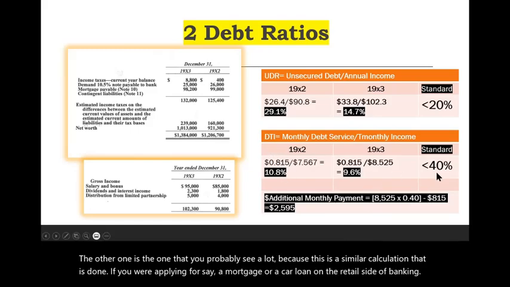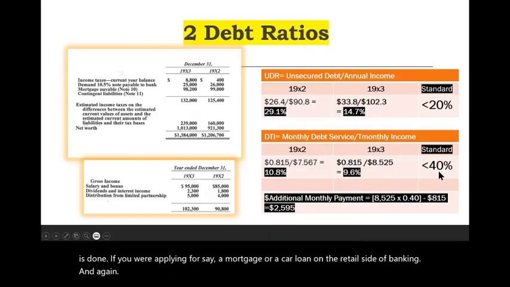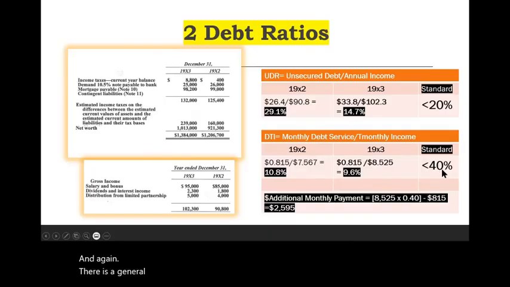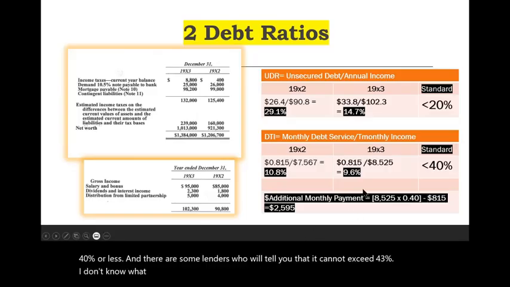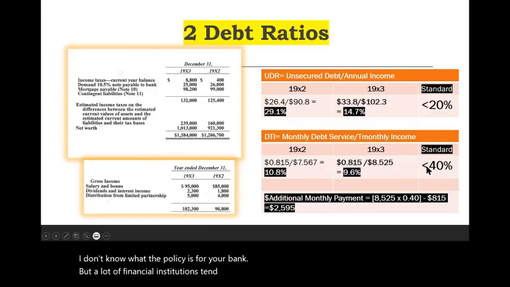And again, there is a general rule that says it should be 40% or less, and there are some lenders who will tell you that it cannot exceed 43%. I don't know what the policy is for your bank, but a lot of financial institutions tend to adhere to this benchmark of 40%, this standard of 40%.